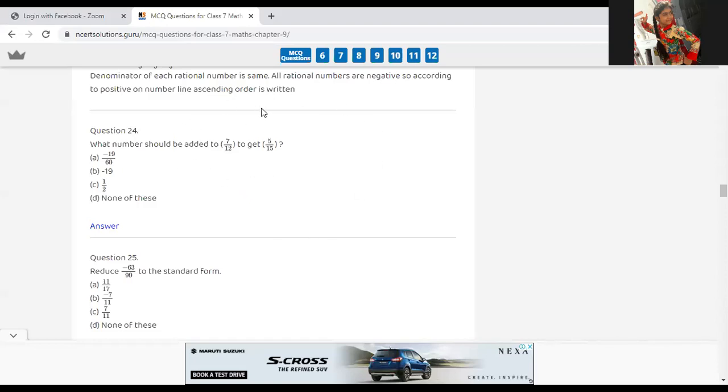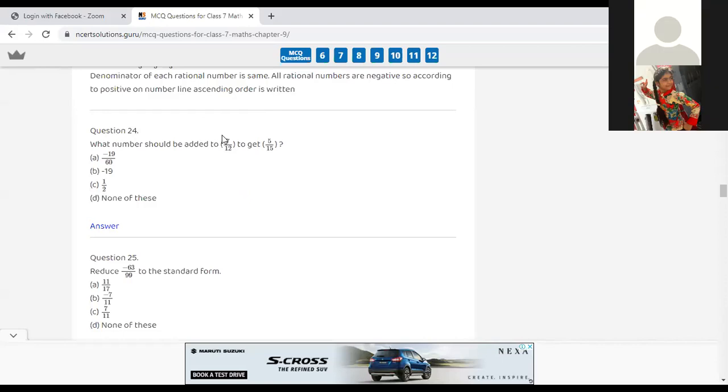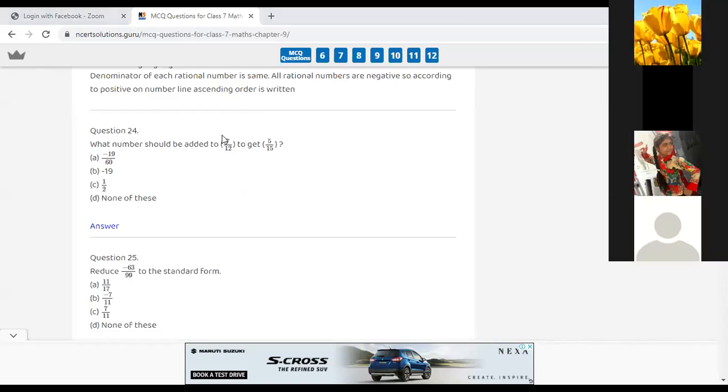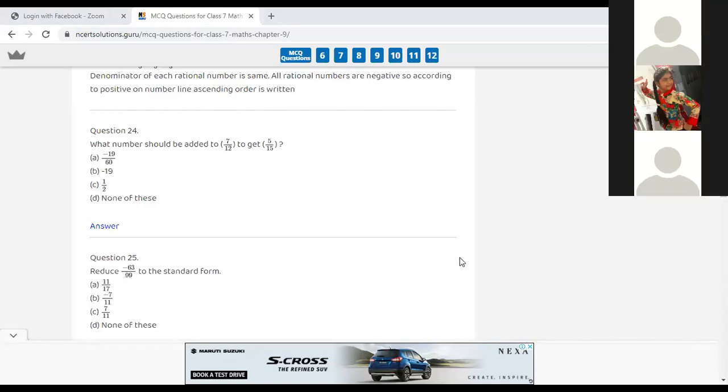I'm not asking about the answer. Please just tell me the procedure. What will you do with these two terms: add, subtract, multiply or divide them to get your answer? Ma'am, we will subtract 7 over 12 from 5 over 15.